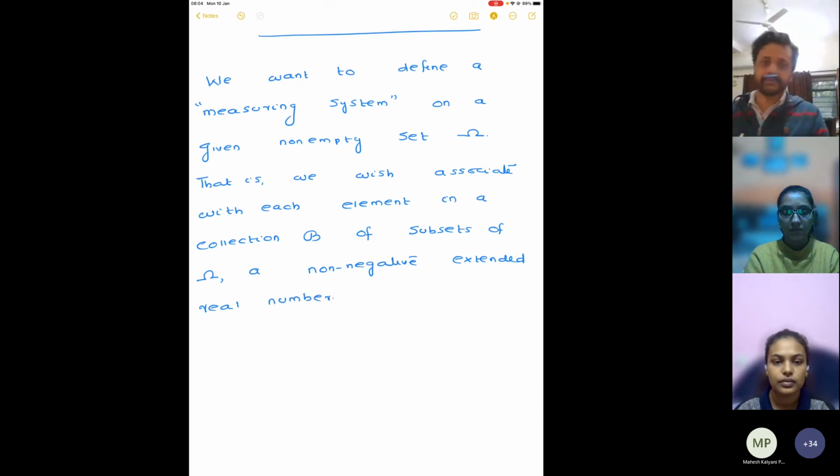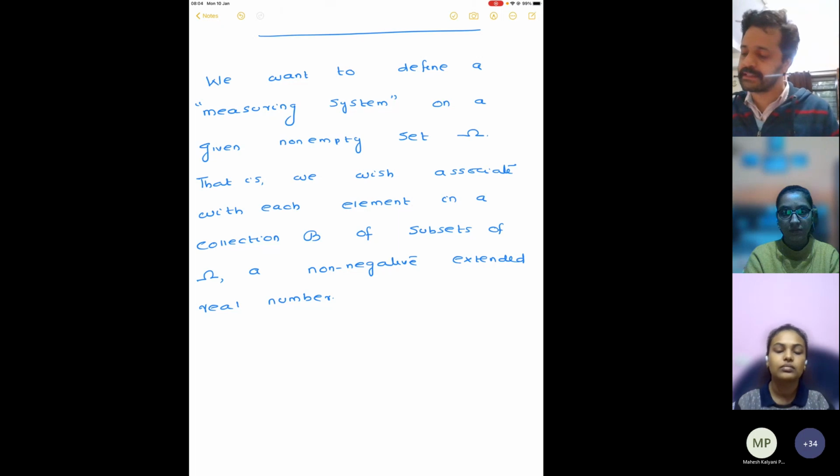So given a set omega, you want to define a collection of subsets of omega, a suitable collection. And for each of these elements in this collection, I want to have a non-negative extended real number.